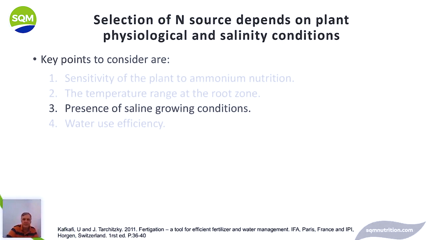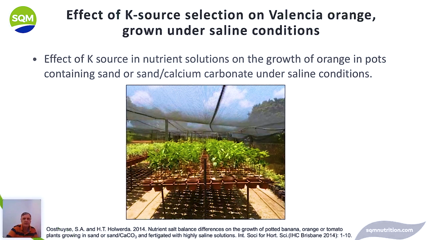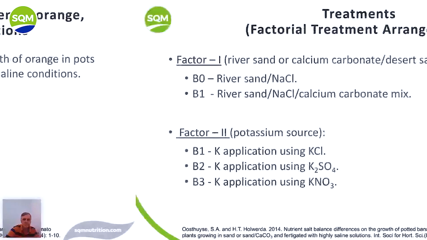Another point is the presence of saline growing conditions. This is a practical effect trial that we conducted in South Africa to evaluate the difference between all the potassium sources in crops that are growing under saline conditions.